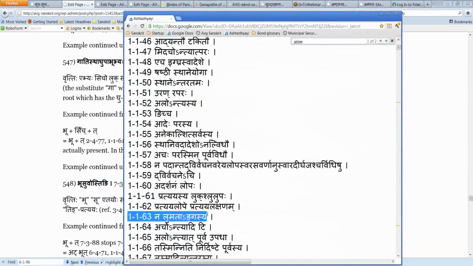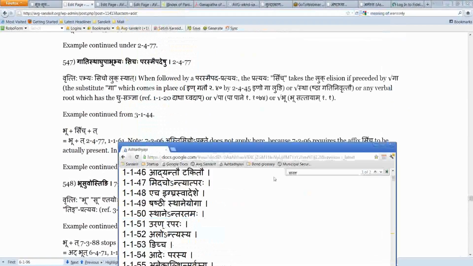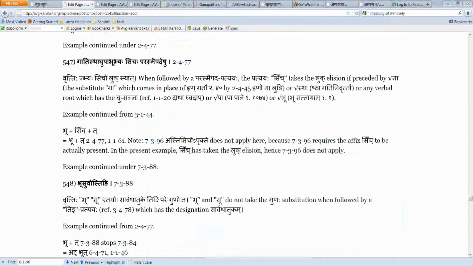That's why when we had bhu plus sich and the sich took the luk elision, we could not do any vriddhi, or even guna adesha. So the sich pratyaya could not act on the angam after it took the luk elision.